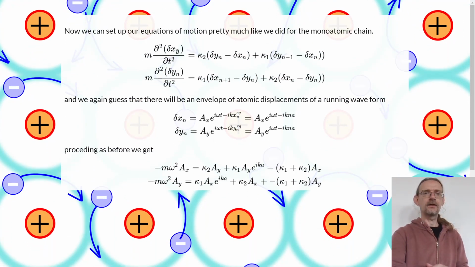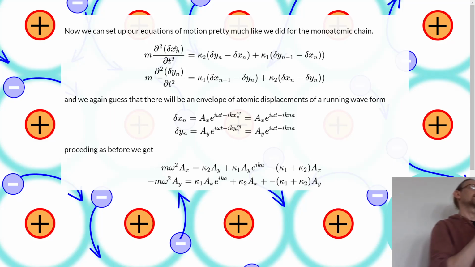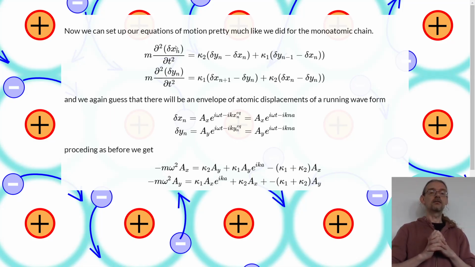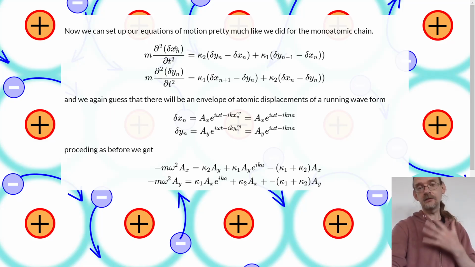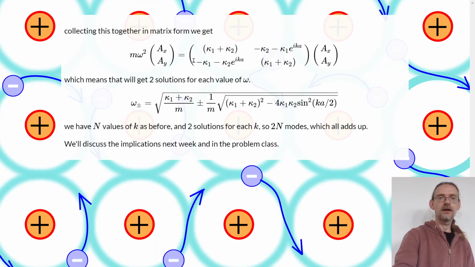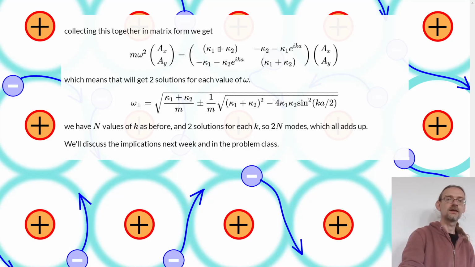And what you would end up with is different simultaneous equations for the different types of atoms. Again, you could write them in a matrix, and you could follow through with more or less the same type of solution we had before, but you'll get a matrix that comes out, and you can solve. So for 2 types of atoms with different springs between them, you get this type of matrix solution that comes out, and then you can solve that to get the frequencies of oscillation.